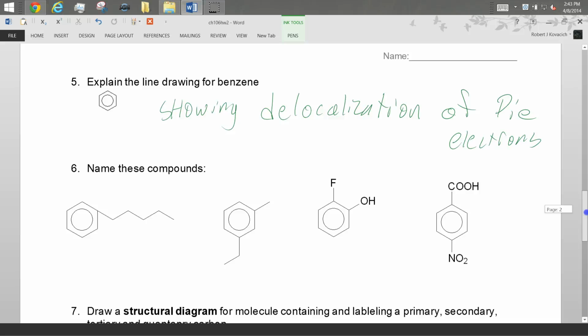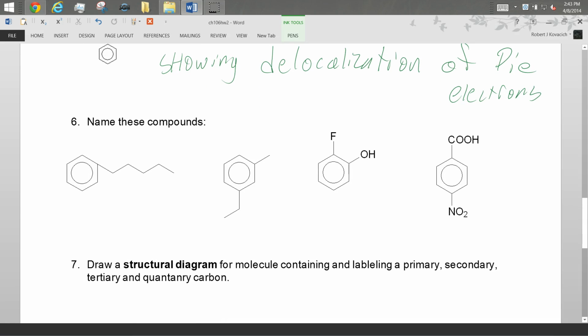Name this one. So what do we got here? 1, 2, 3, 4, 5. Did anybody ever come up with a different name besides pentylbenzene? Those are your only 2 options for this molecule.